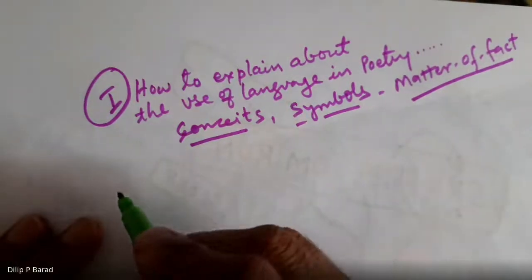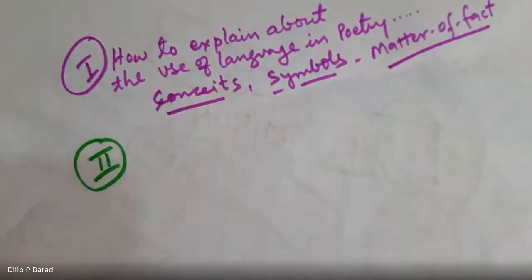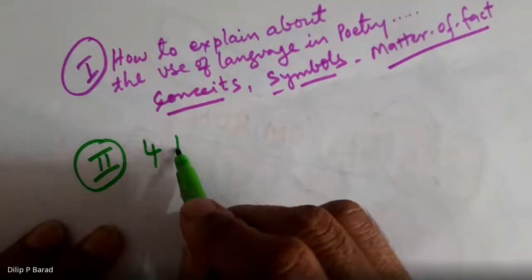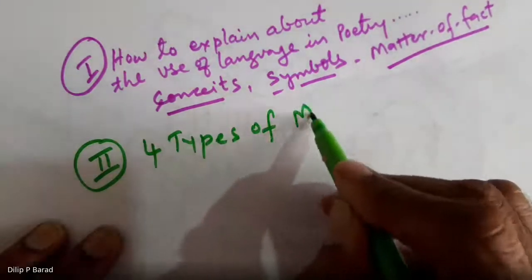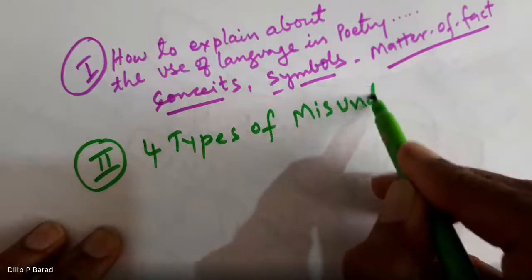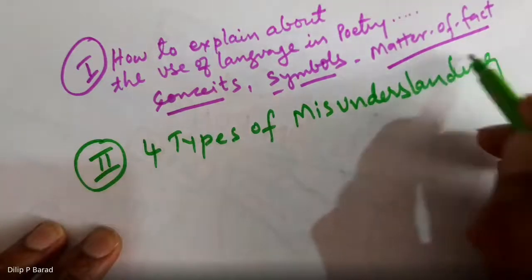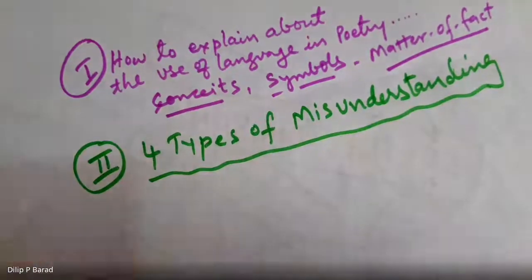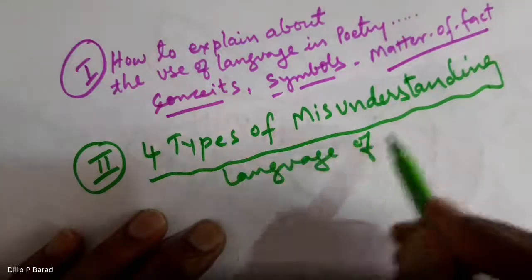Secondly, what he wants to say here is that there are four types of misunderstanding that people normally have with the language of poetry.